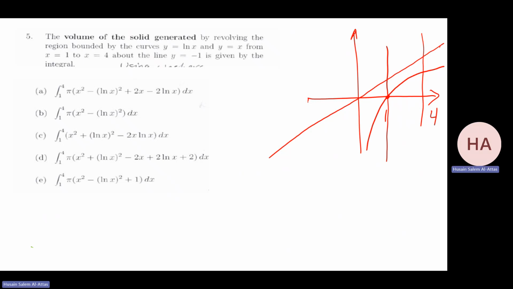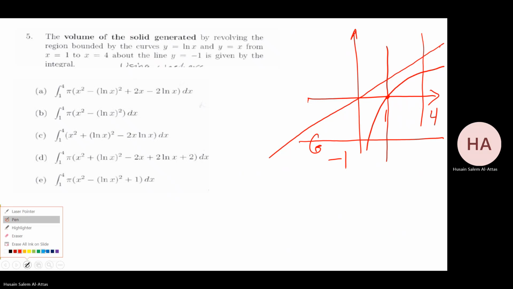And they wanted the revolution about the line y equal -1. So I have the line y equal -1 somewhere, and I have the revolution about this line. I'm talking about this.